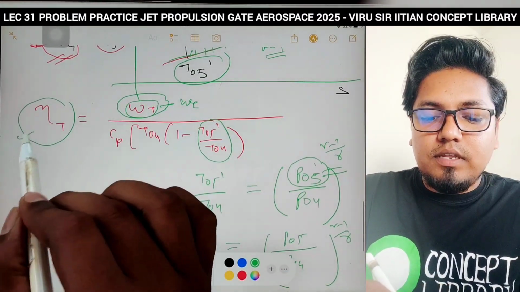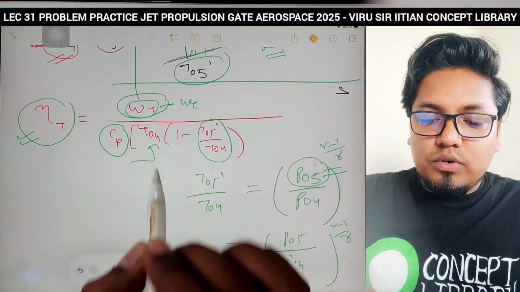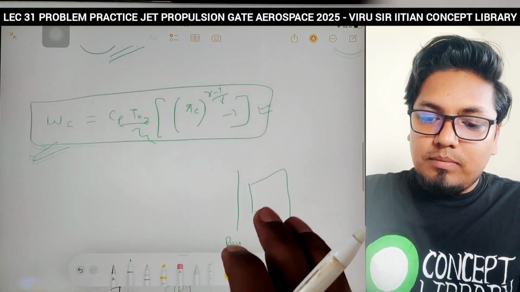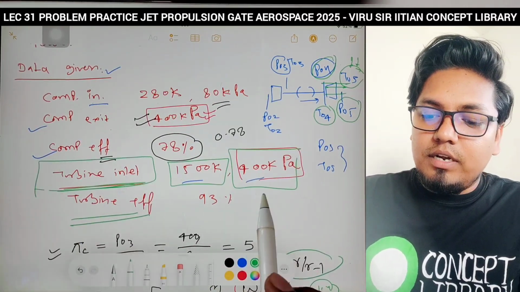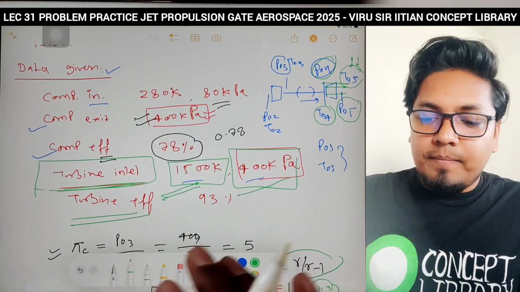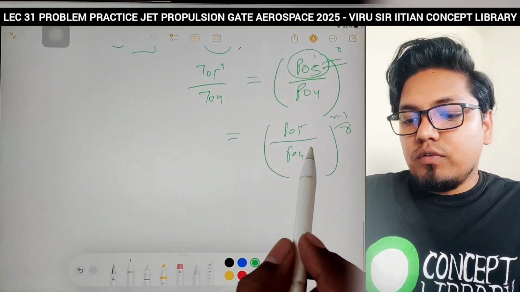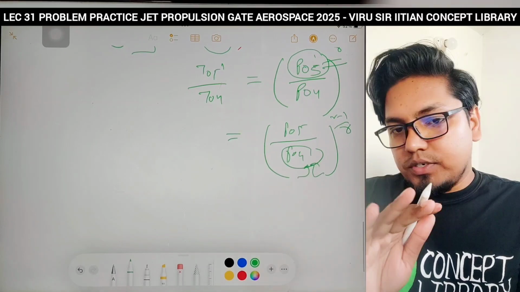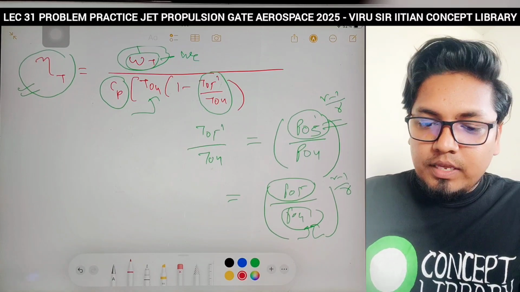Turbine efficiency is given in the question itself. CP value used for air is 1005. T04, the turbine inlet temperature, is already given in the question itself. P04 is also given in the question itself.